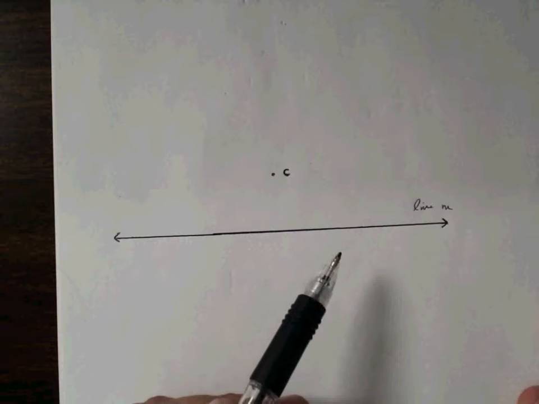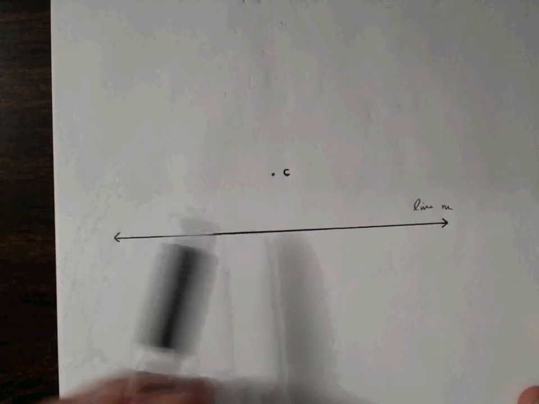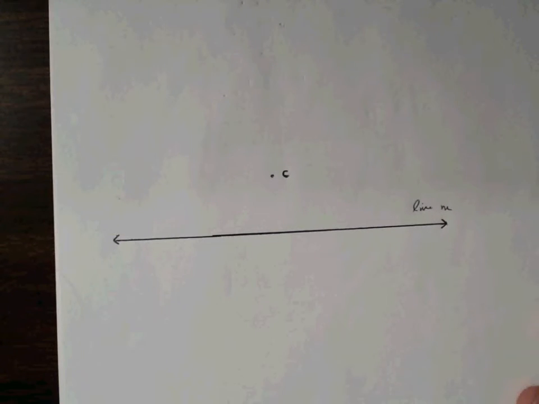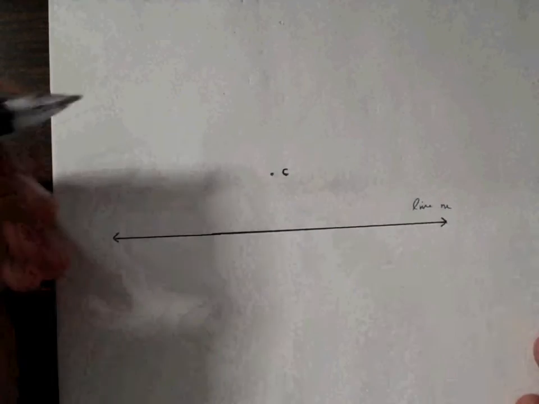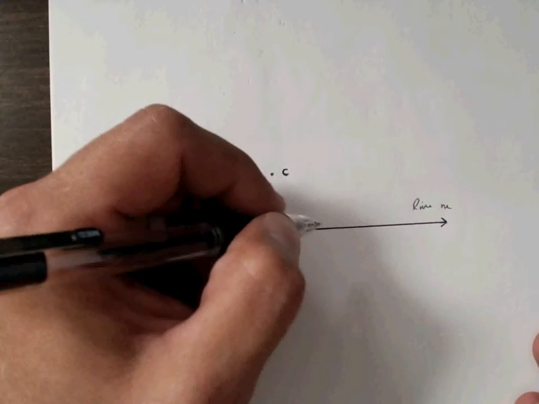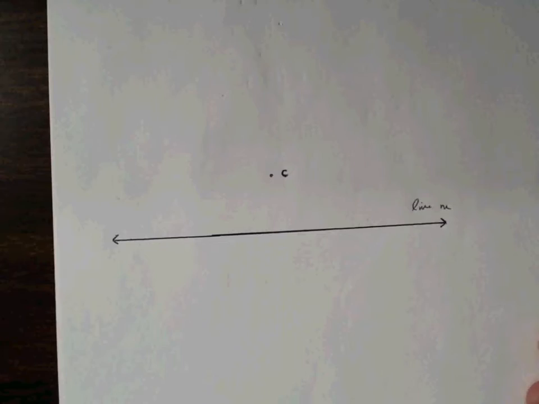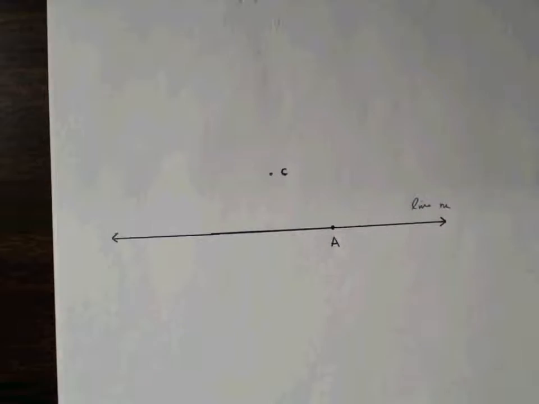We can do exactly what y'all did and put dots here and here. But if I just put one here and one randomly over here, I'm guessing. So how can I be precise? What do you got? Put one point anywhere on the line, and then make the circle radius of that point in C. Right. So I could randomly pick this over here and make that A, right? Or I could just draw a circle.